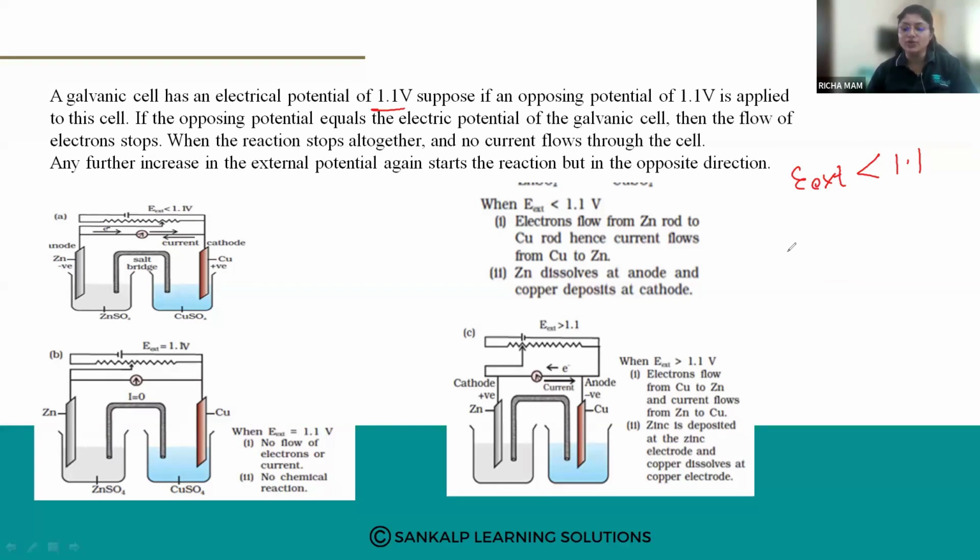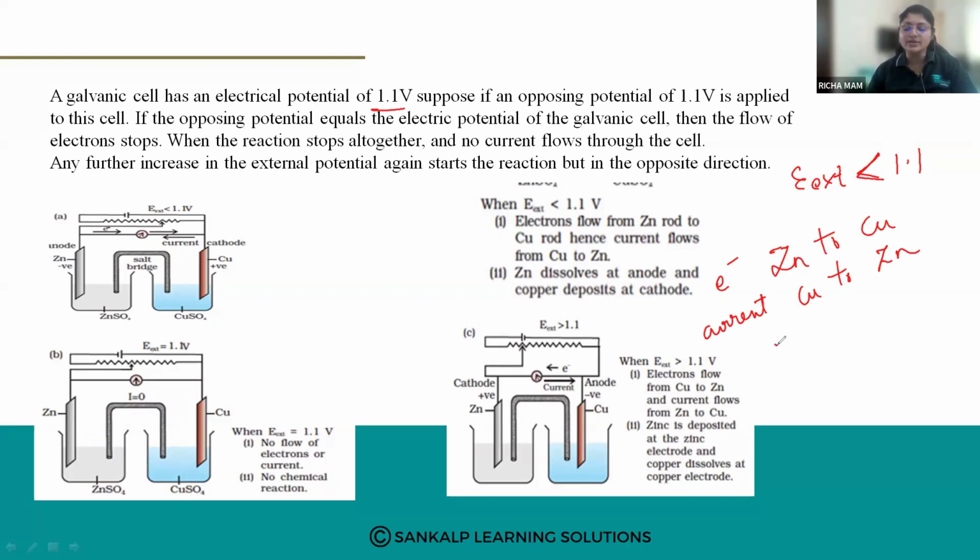The electrons will flow from zinc to copper, and the current will flow from copper to zinc, when the external potential applied is less than 1.1.